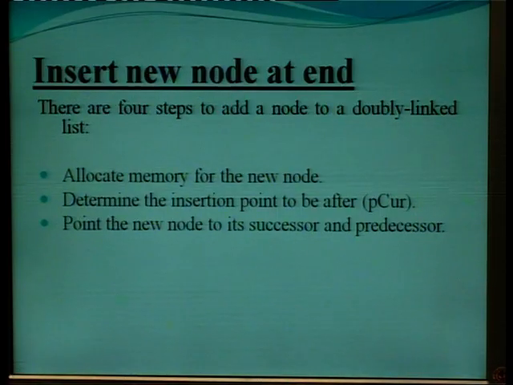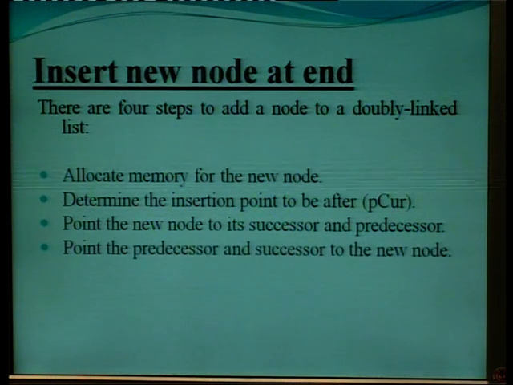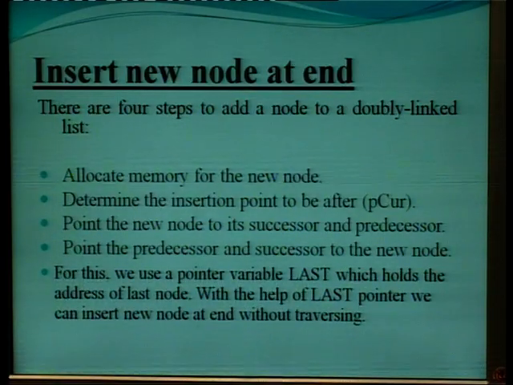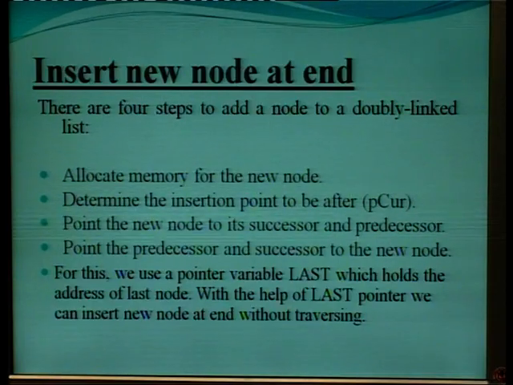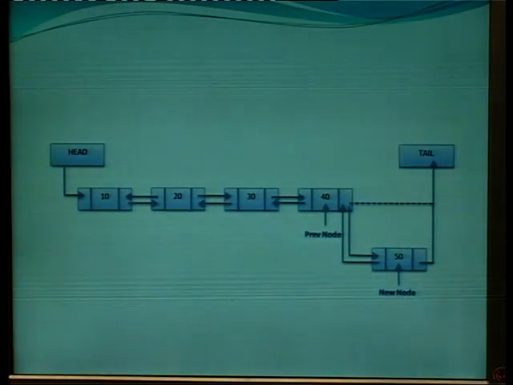Point the new node's forward field and backward field pointers to its successor and predecessor. Point the predecessor and successor to the new node. For this we use the pointer variable last, which holds the address of the last node.